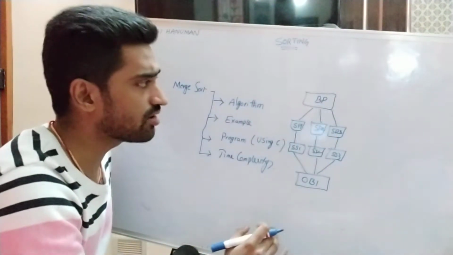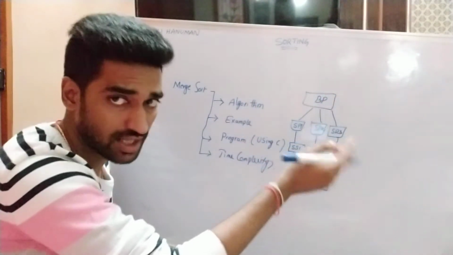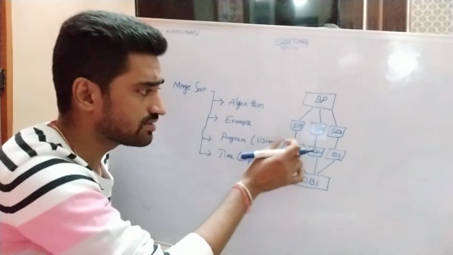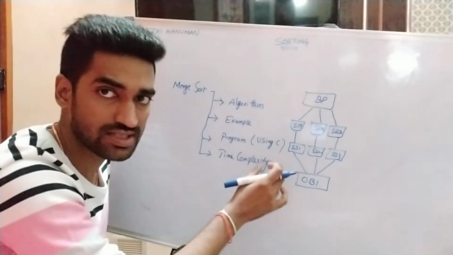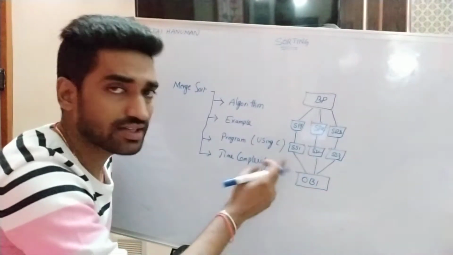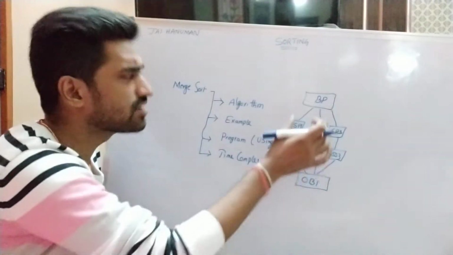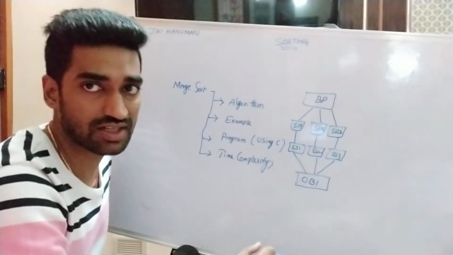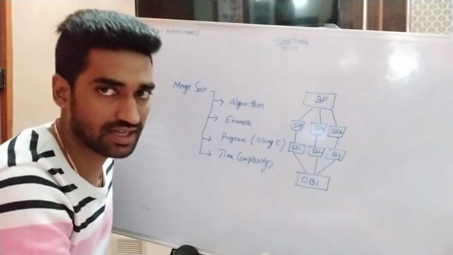Before sorting all the elements, the entire array can be divided into several sub-arrays. After dividing, we sort, and then we apply the conquer procedure to get the sorted order array of elements. That is the general procedure for merge sort, an application of the divide and conquer strategy.